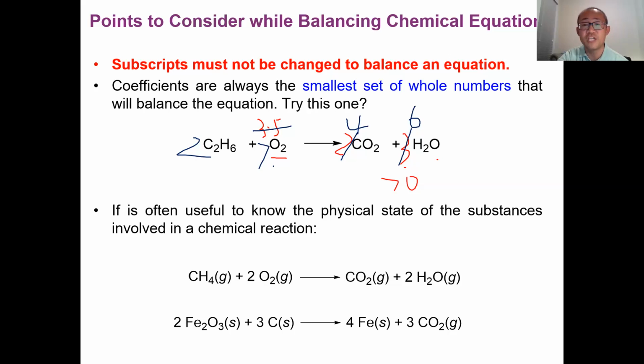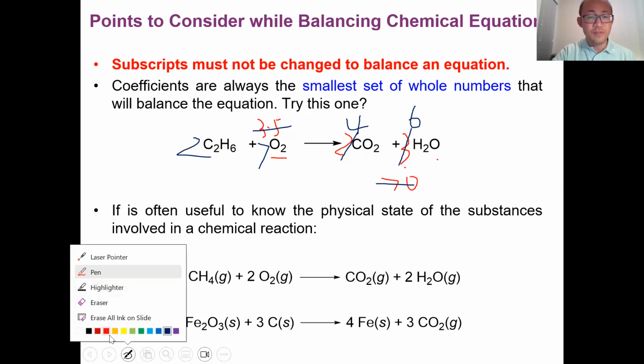Left side has 14 oxygen, right side has 8 plus 6, 14 oxygen. Because of that fraction, and because we need the smallest set of whole numbers, I multiply by 2 instead of using fractions. So that's what I mean.